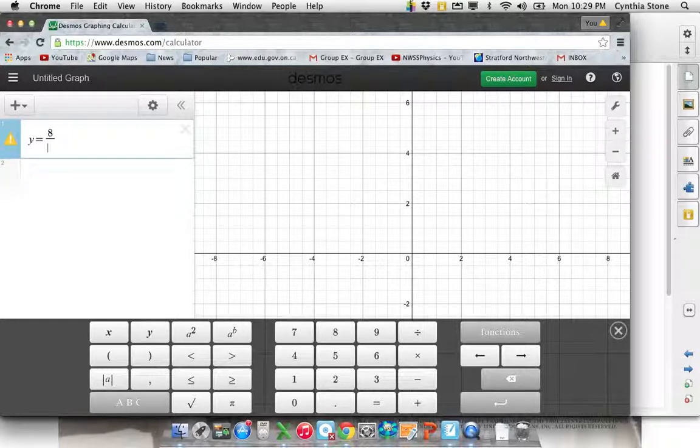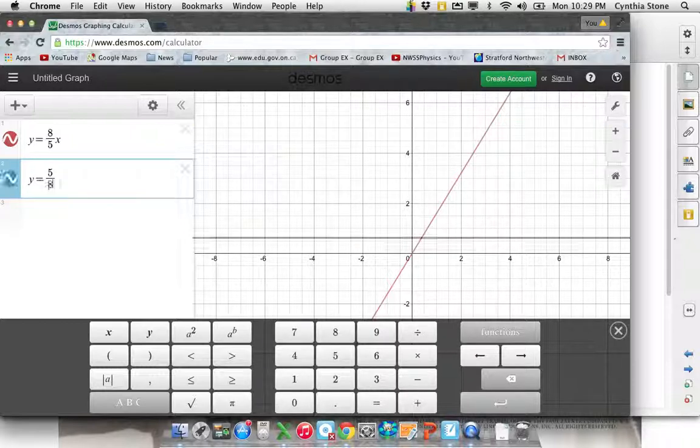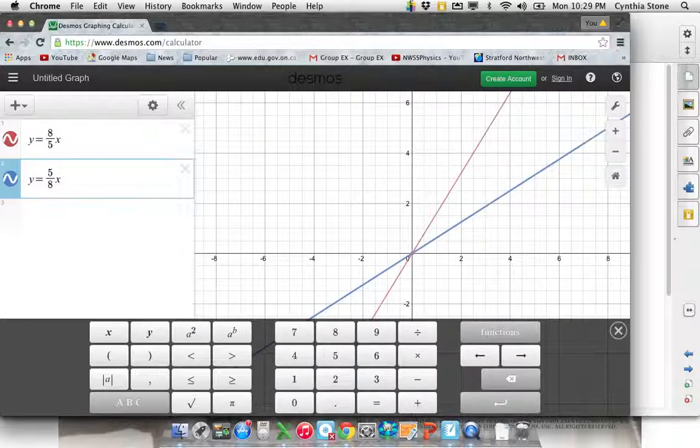Oh, I forgot to put the x. 8 over 5x. There's that slope. Now let's do something different. Let's do another fraction, but what if we did 5 over 8 and compare the two? So this is a fraction where you have a bigger number on top, it's more steep. Where you have the smaller number on top, it's more shallow.